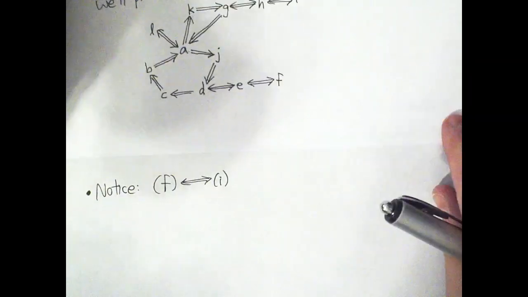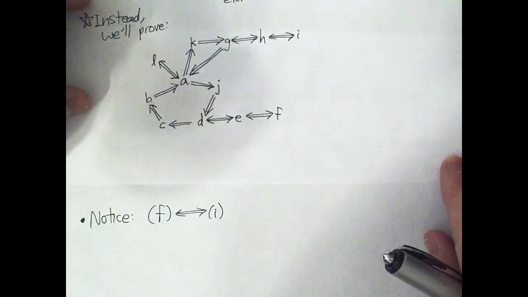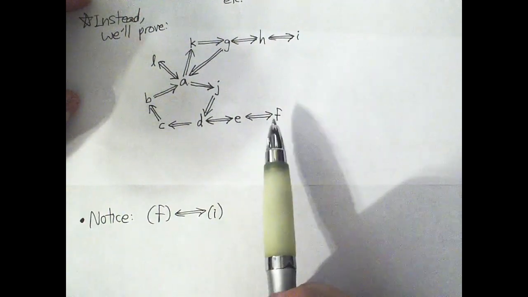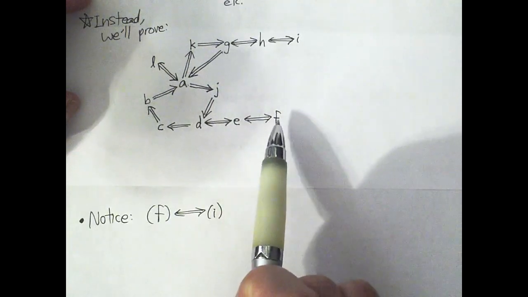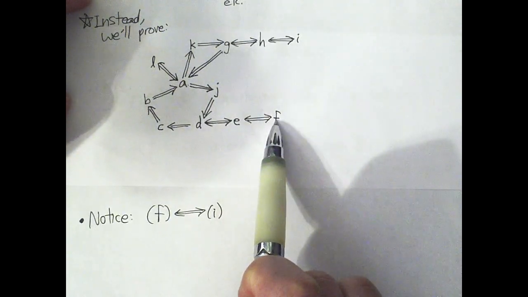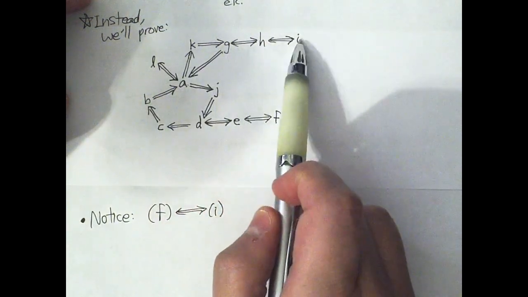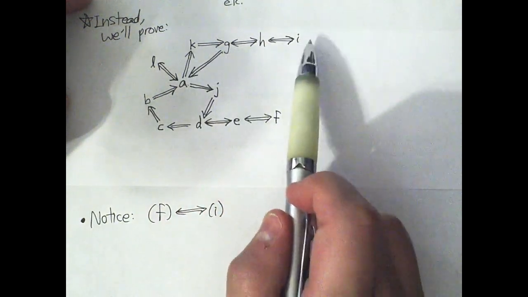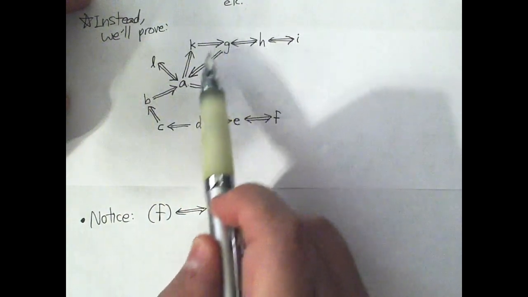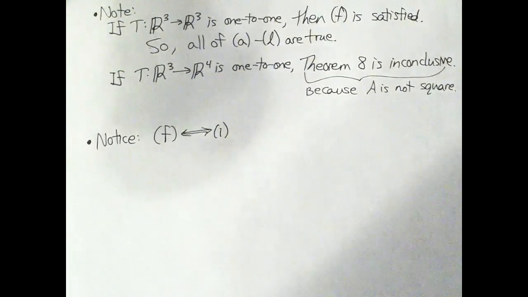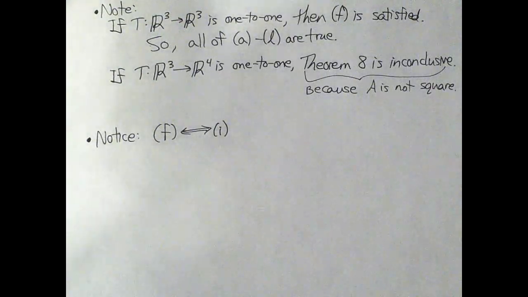Let's show you our proof strategy diagram. For F and I, we don't have an arrow connecting them, right? But look at this. If F is true, then that implies E, D, C, B, A, K, G, H, I. So if F is true, then I is true. And vice versa. If I is true, you can follow the chain of connections to say that I does imply F. So it is fair to say F is true if and only if I is true.